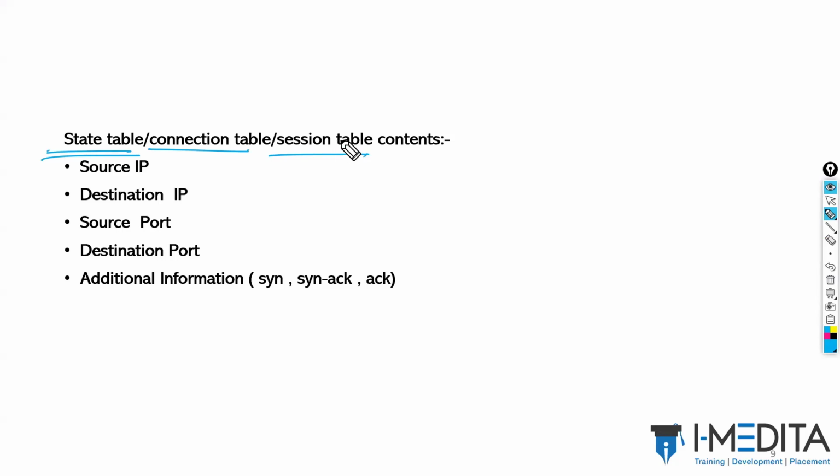Don't involve yourself in why they call it that. It can contain information like source IP, destination IP, source port, destination port, and additional information like SYN plus ACK and ACK. Clear?